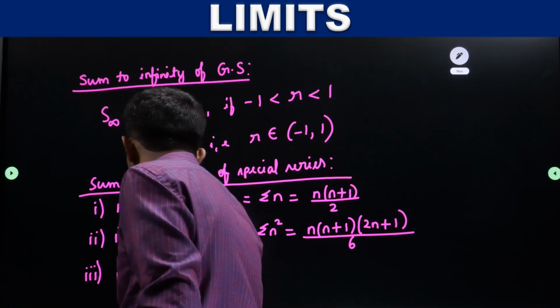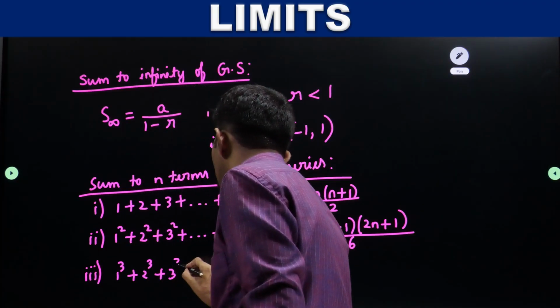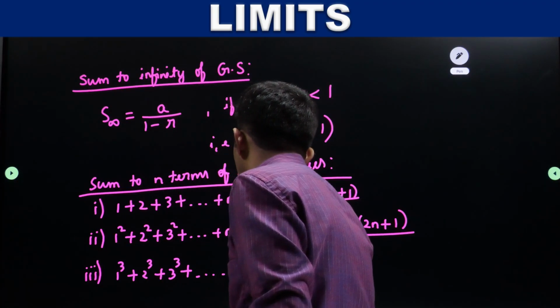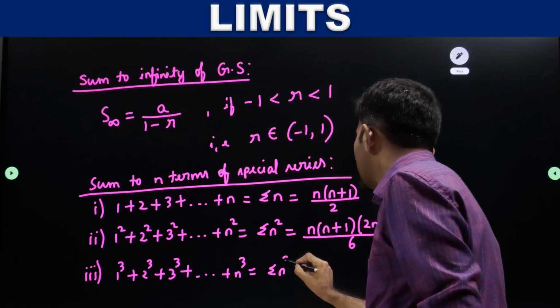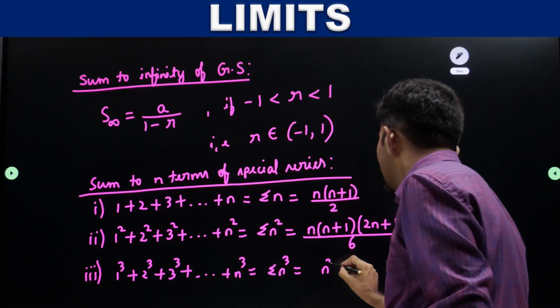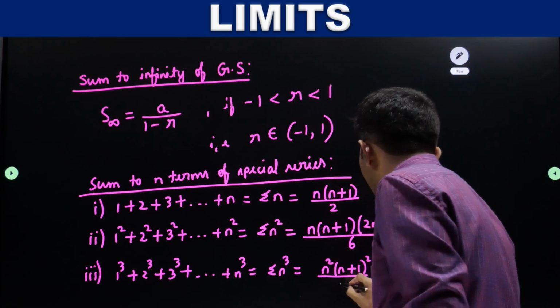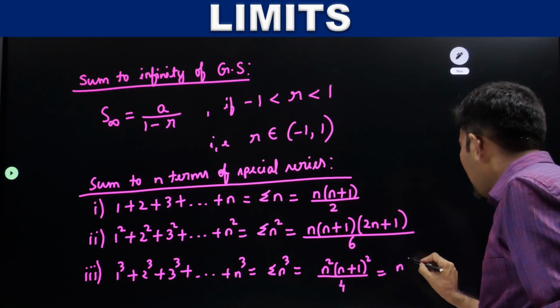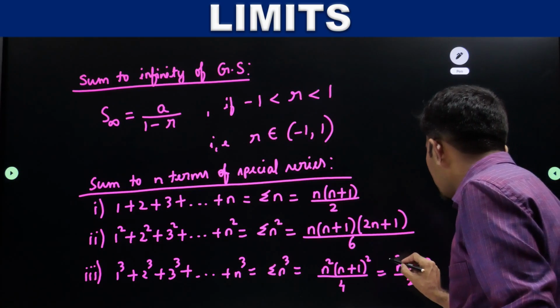Sum of the cubes, 1 cube plus 2 cube plus 3 cube etc., which is summation of n cube, is n square into n plus 1 the whole square divided by 4. Or I can write this as n into n plus 1 divided by 2 the whole square.